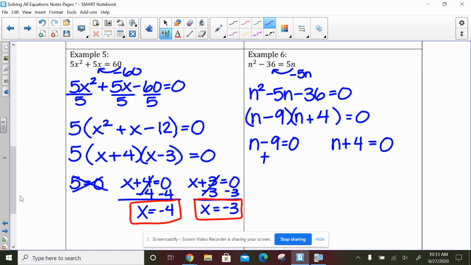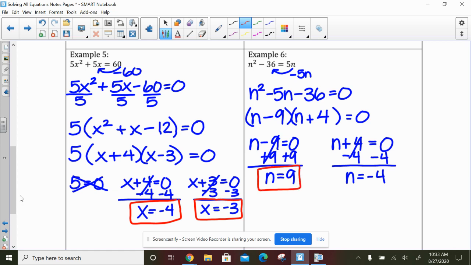Okay, so here I will add 9 to both sides. So n equals 9. Here we'll subtract 4 from both sides. n equals -4. So your two solutions to this problem would be n equals 9 and n equals -4.